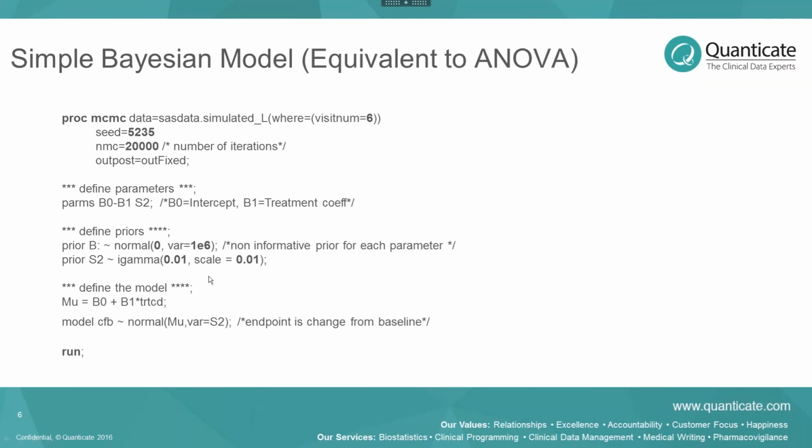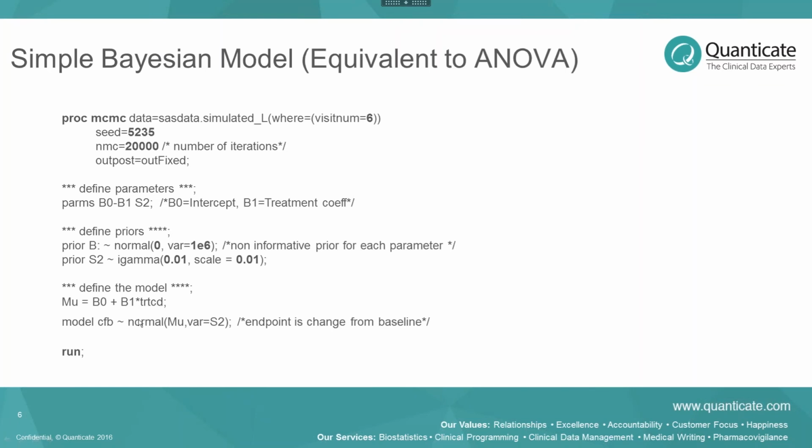So we put B colon, that's going to cover any of the parameters that start with a B, so the slope and the intercept. And this is a non-informative prior, so it's a normal distribution with a mean of 0 and a large variance. The sigma has a different shape distribution, so inverse gamma, but again this is non-informative.